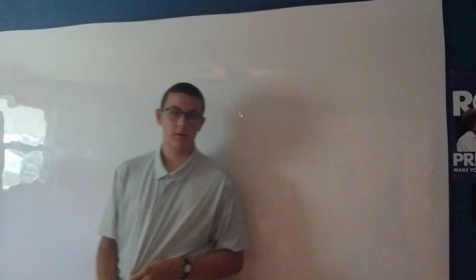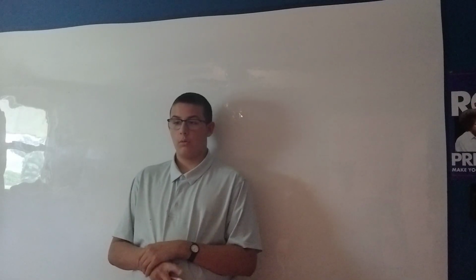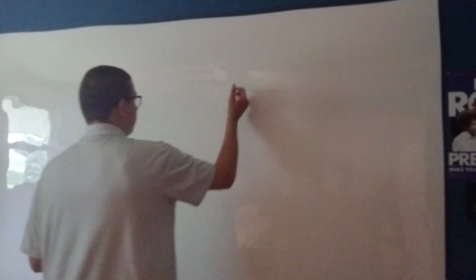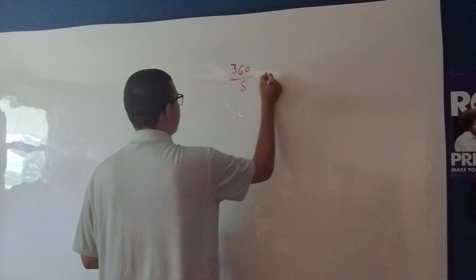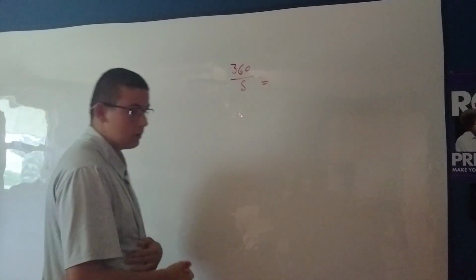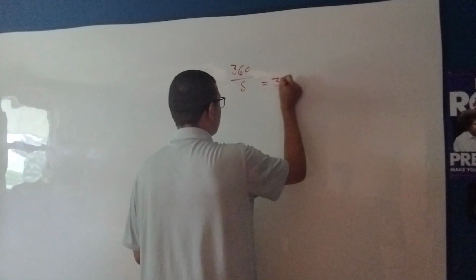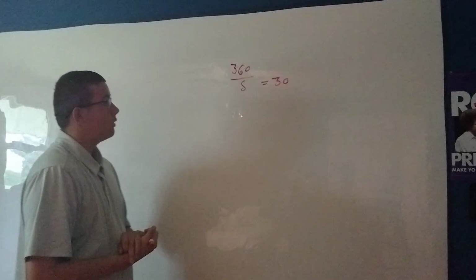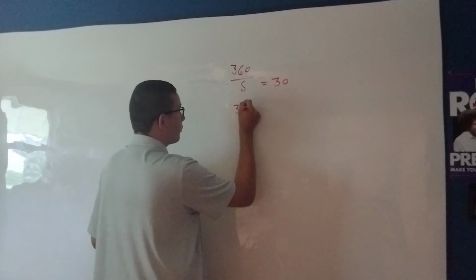So if it's regular and the exterior angle is 30 degrees, what we would normally do if we had the sides is 360 over the sides equals our angle measure, but our angle measure in this case is 30 degrees, right?